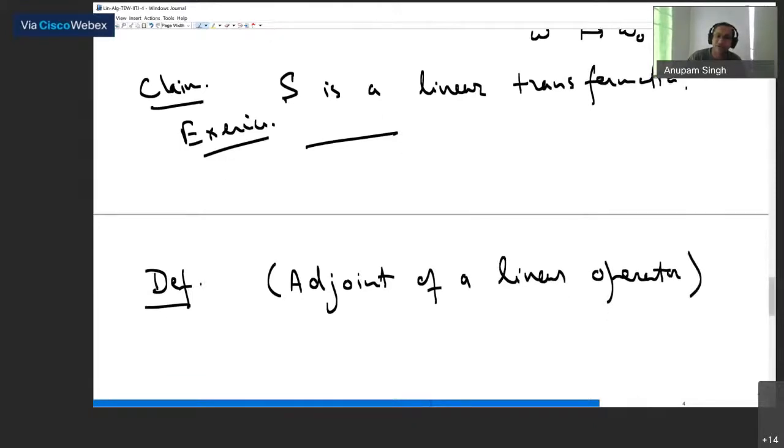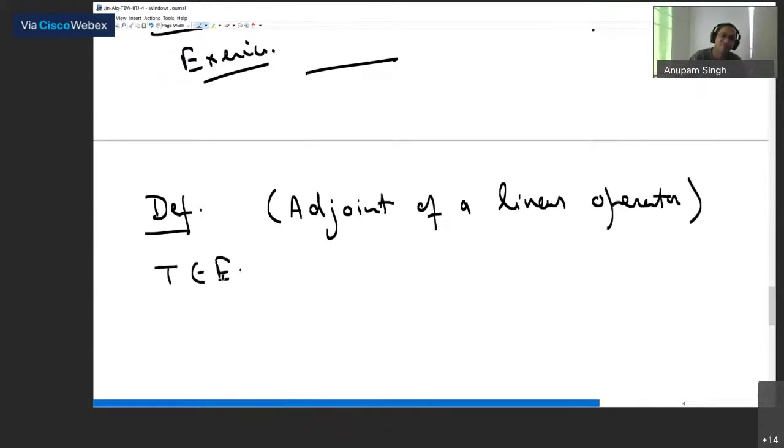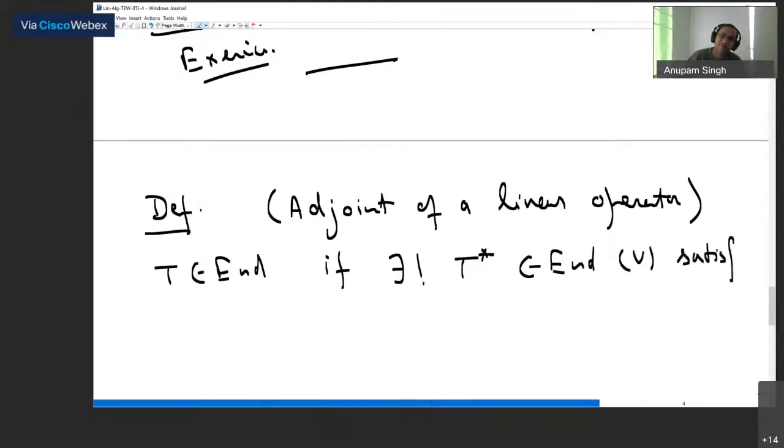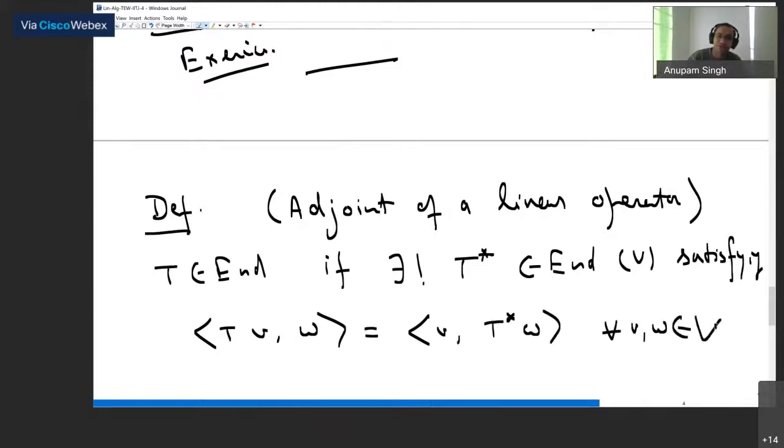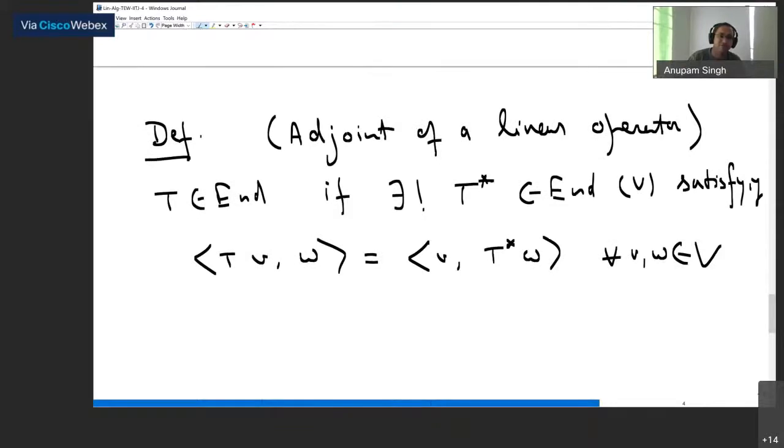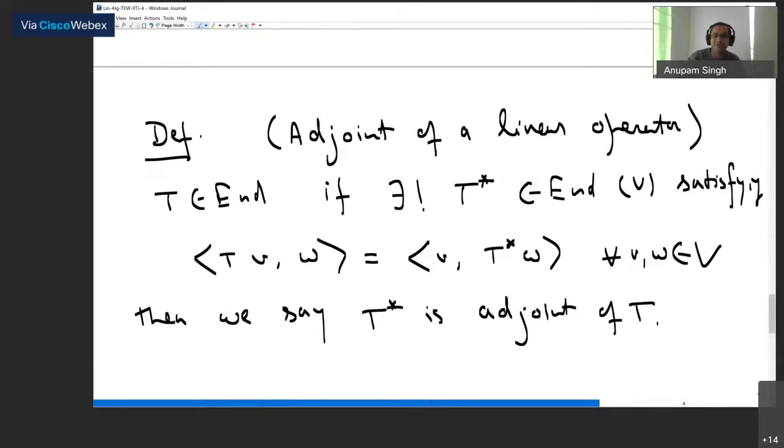Let's take a linear operator T in End V. If there exists a unique linear transformation T star in End V satisfying the equation that the inner product of T of v and w equals the inner product of v and T star of w for all v, w in V, then we say T star is the adjoint of the linear transformation T. This is the definition of adjoint.